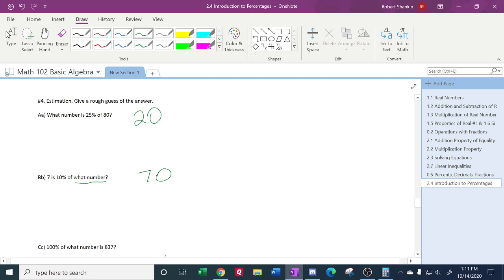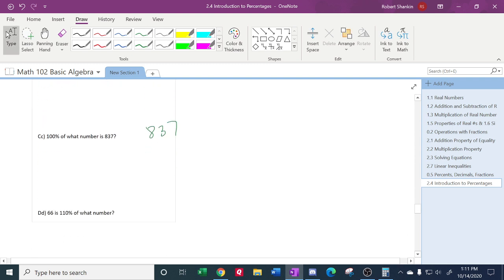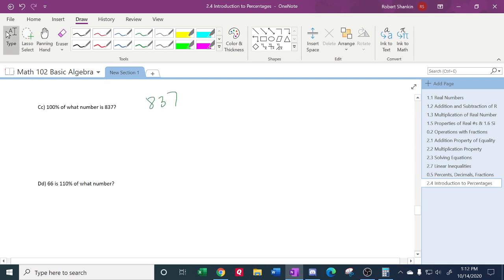Now, 100% of what number? Well, 100% of 837 is 837. And let's estimate this next one. 66 is 110% of what number?